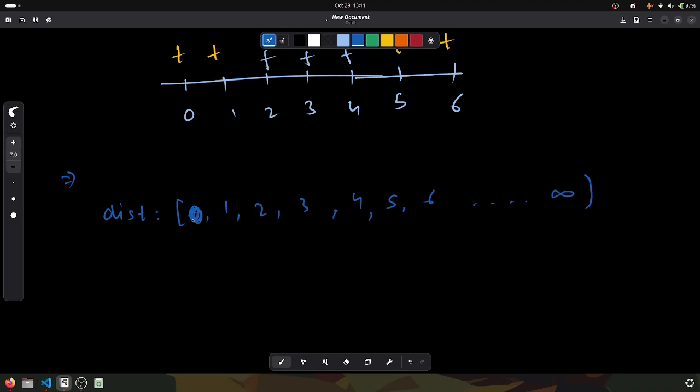So if we can make the minimum distance as 0, we move on to the next. If we can make the minimum distance as 1, we move on to the next. If we make the minimum distance as 2, we move on to the next. And wherever we can't make the minimum distance, so let's say we cannot place the teleporters such that the minimum distance of the teleporters to any friend is 3, then the answer would be 2, because that is the maximum possible minimum distance.